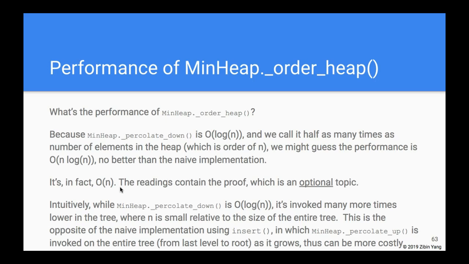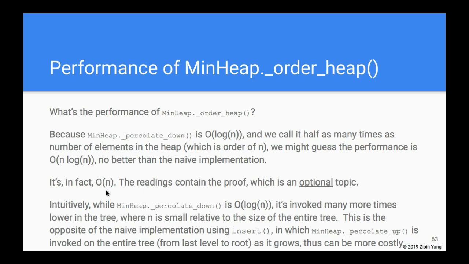It's linear. If you want to read about a proof, the readings contain the entire, very rigorous proof. It's an optional topic, but if you have time and are interested, it's a fun topic to read about. More importantly, I think we should at least have the intuition why this is O of n instead of O of n log n.